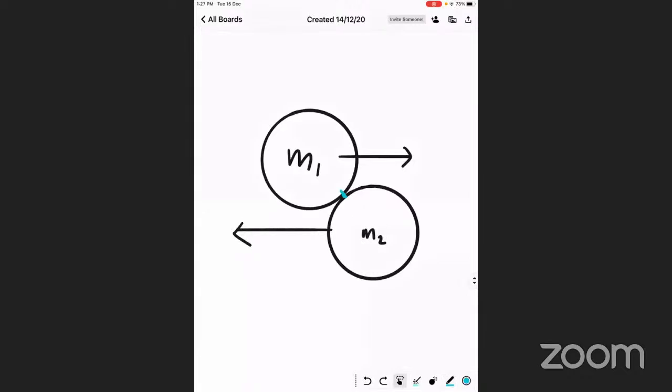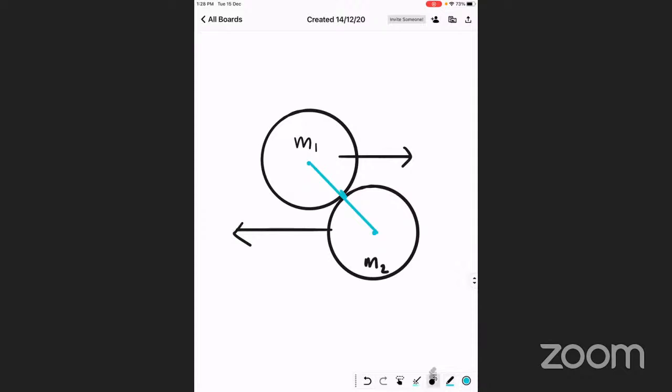Every time, to find the line of impact, you connect them center to center. Connect their centers. Suppose this is the center of M1 and this is the center of M2. Join their centers by a straight line, or you can draw the radius.